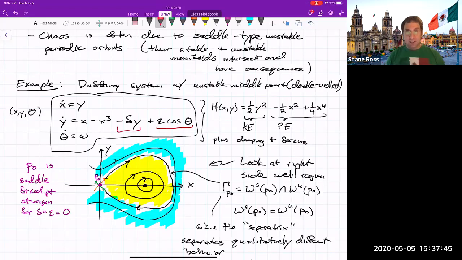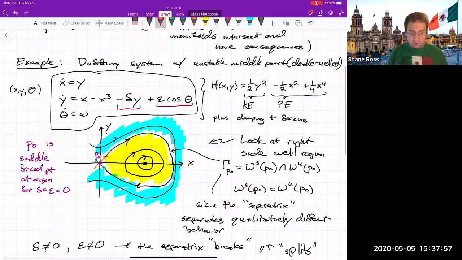In that case, the phase space, at least half of it, and we'll just look at the right half well, looks like this picture down below. There is a fixed point, an equilibrium point of the system, which is this point P0. P0 has both unstable and stable manifolds, but they're actually the same thing.